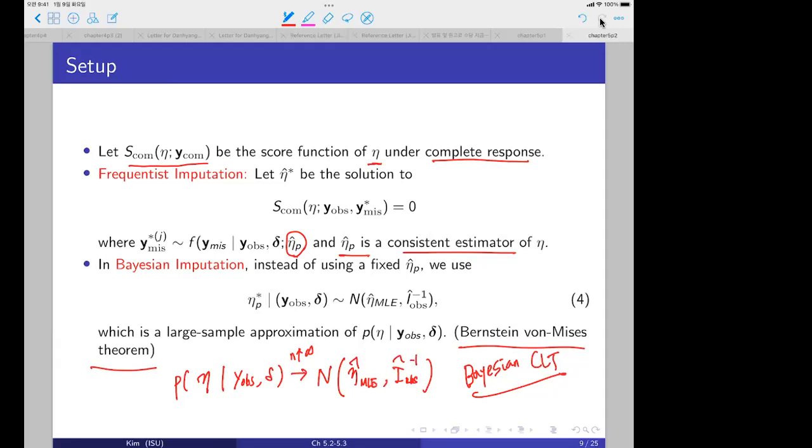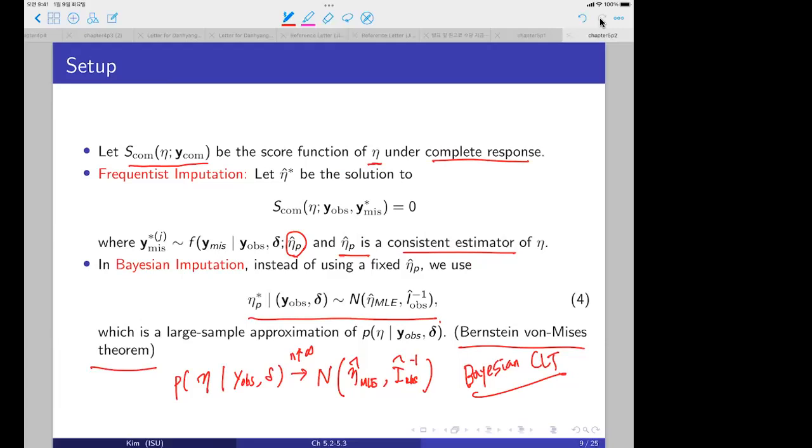So with the Bayesian approach, you already have efficiency. We will assume this. We are not going to prove this one. We'll just take it as an assumption and derive the theory.